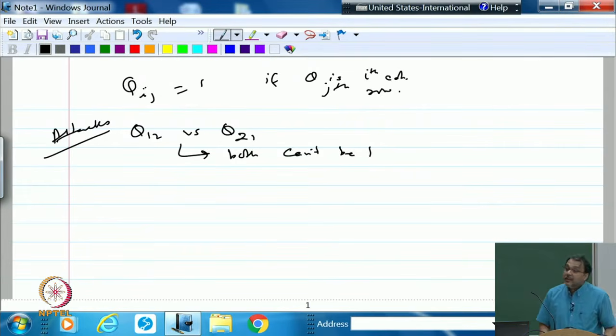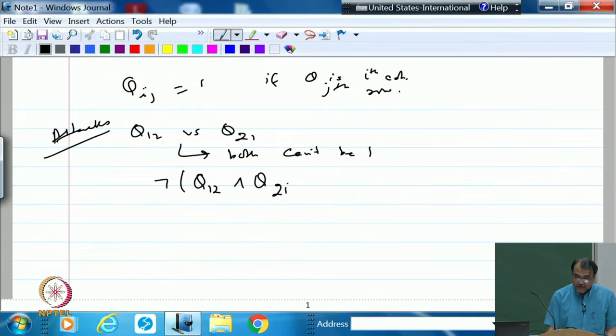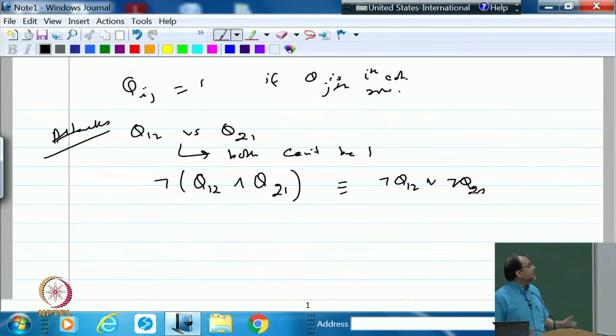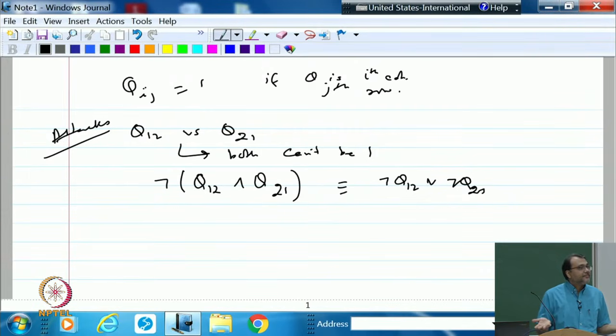Not of and of Q12 and Q21. Basically it says you can't have Q12 and Q21 at the same time, which is equivalent to saying not of Q12 or not of Q21. And then let's think about what this means. It basically says either Q12 is false or Q21 is false, which is equivalent to saying both can't be true.